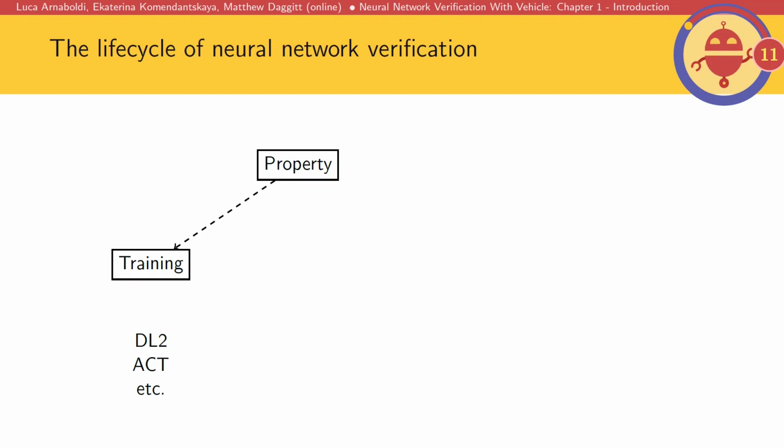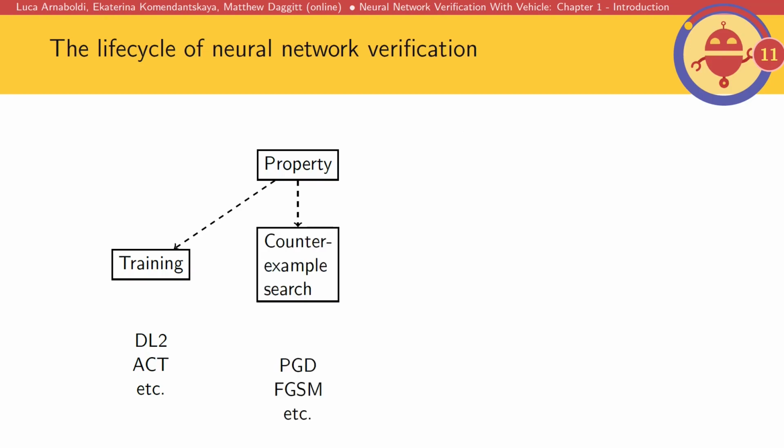So the very first thing is to do training to encourage that property within neural networks. Perhaps I want to do counterexample search. Finding an adversarial example was exactly that exercise that we did at the start of the lecture. There are a few algorithms, PGD, FGSM, that will find adversarial examples for you given a neural network.